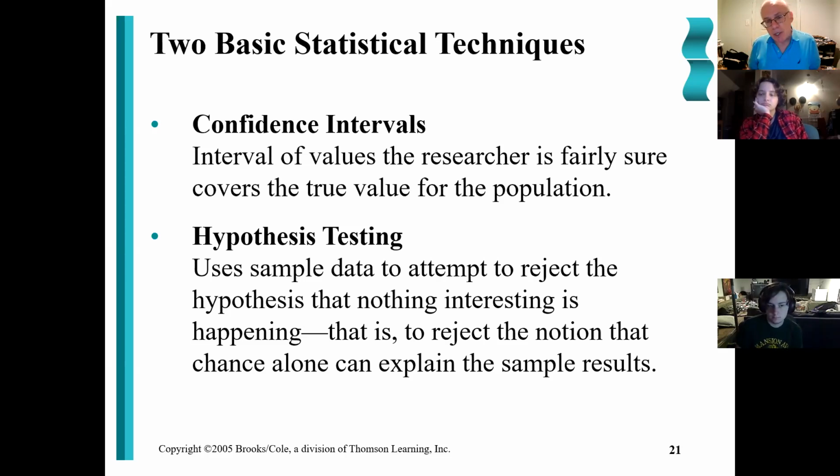The question is, does your sample contradict that original hypothesis? So we have a counter hypothesis. We say that 55% is incorrect, and we think it's different, or it's greater or less than, something like that. And we use the sample data to try to prove it. So that's called hypothesis testing, and we're going to learn how to do that also.